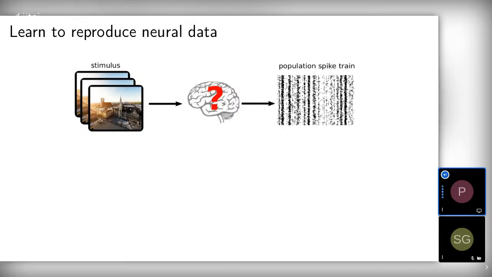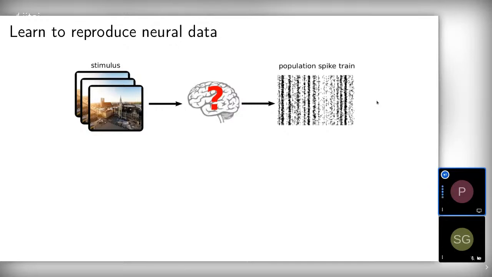You take in a lot of sensory information every day. So you see things, you hear things, you smell things. There's a lot of input to your brain. And the neurons in the brain take all of this information and respond to it by producing lots of spikes.